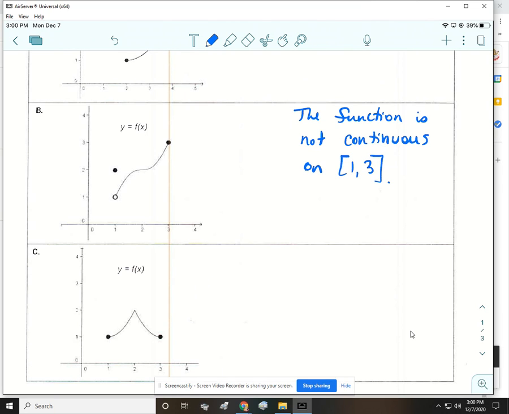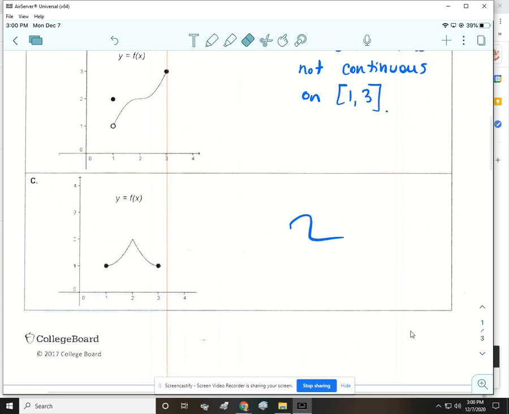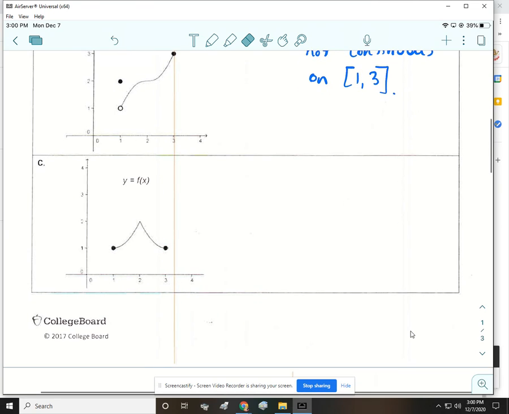All right, and then for C, the function is continuous on that interval, on the closed interval. However, the function is not differentiable when x is 2.